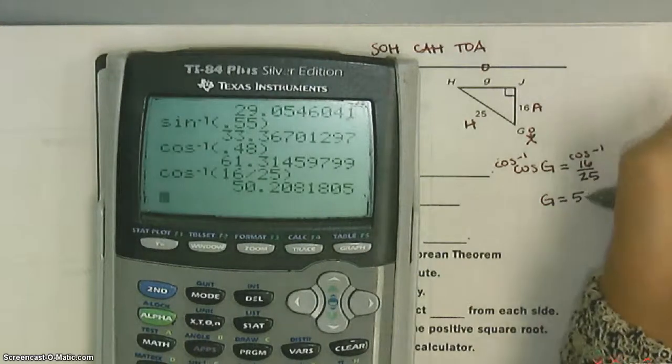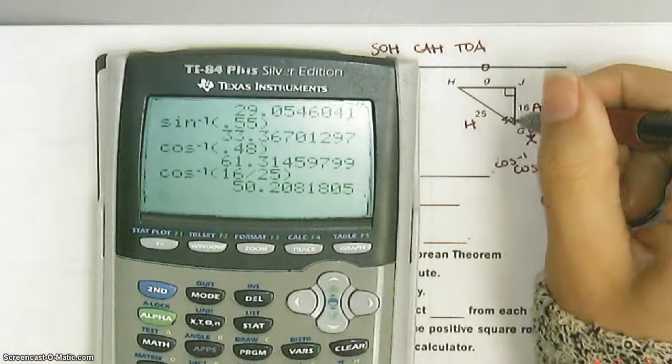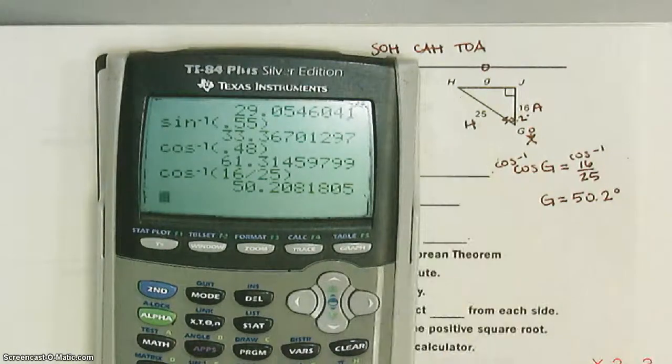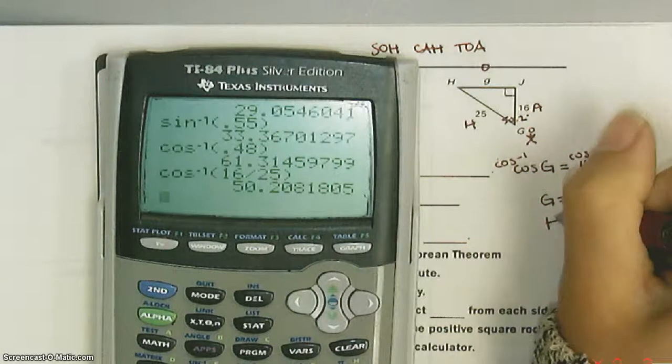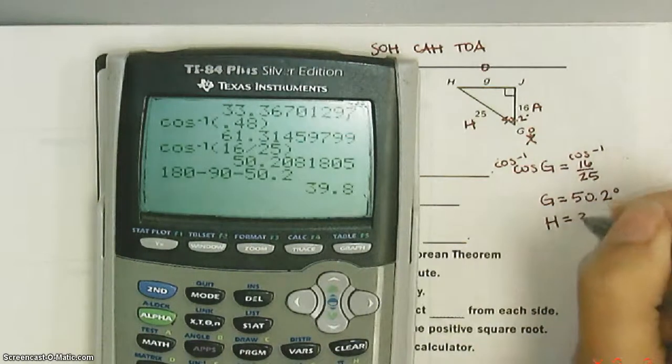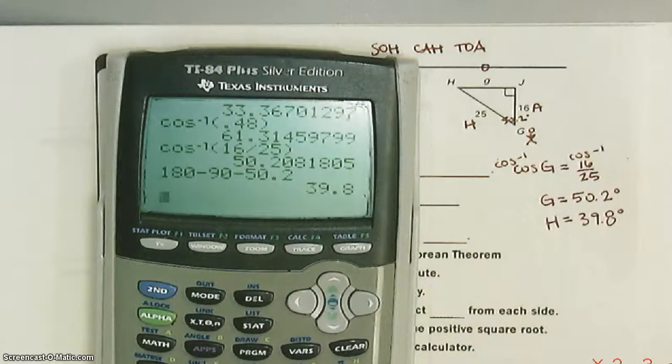G is 50.2 degrees. Now to find H isn't too hard because I know there's 180 degrees in a triangle. So 180 minus 90 minus, I already have 50.2. I need 39.8 more degrees in my triangle. I need to find little g still.